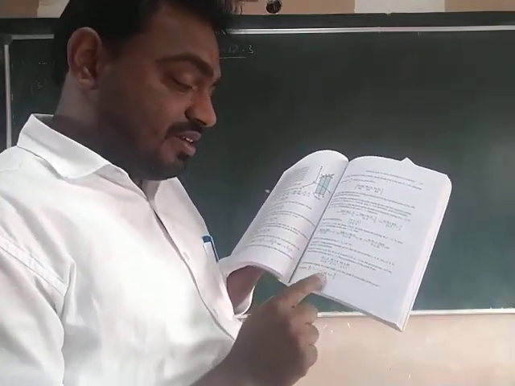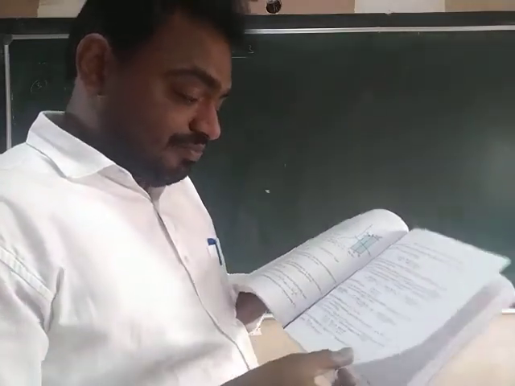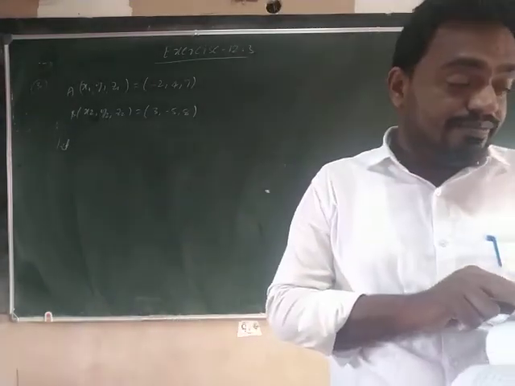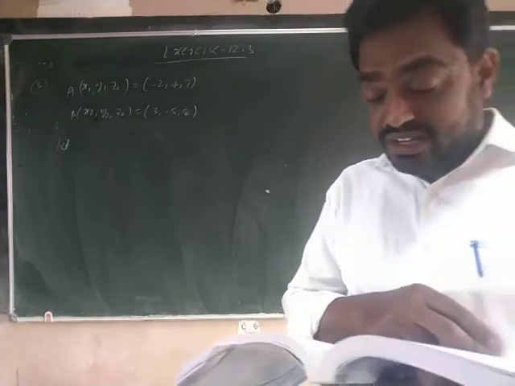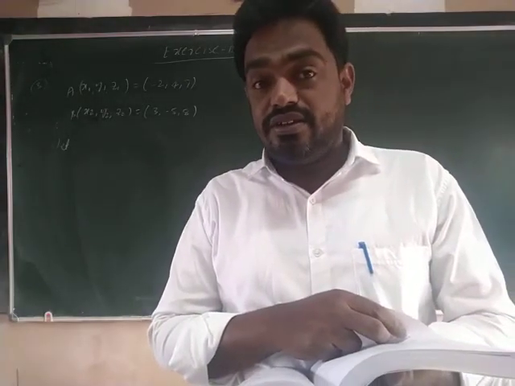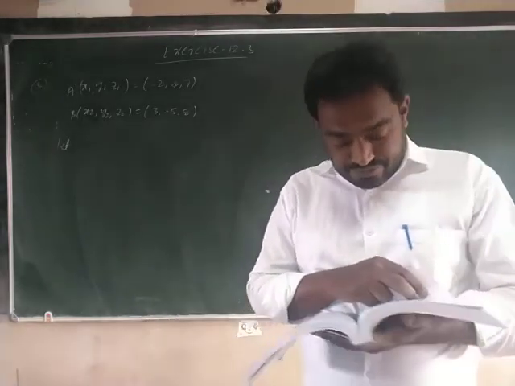Here the k value you get is minus 3/2, which is the unique value. So the dividing ratio is minus 3 is to 2. Minus 3 is to 2 is internal. If you say externally, it is 3 is to 2, so no need to mention negative.